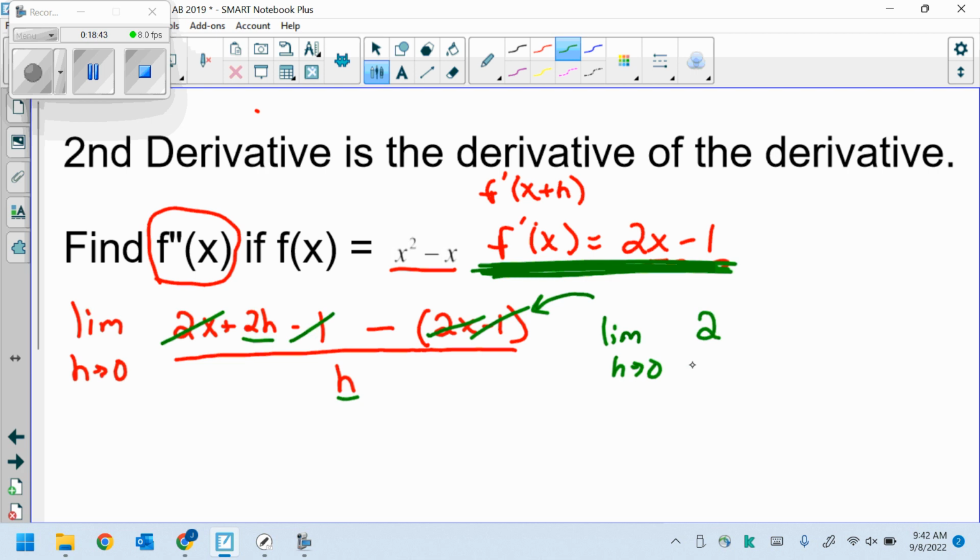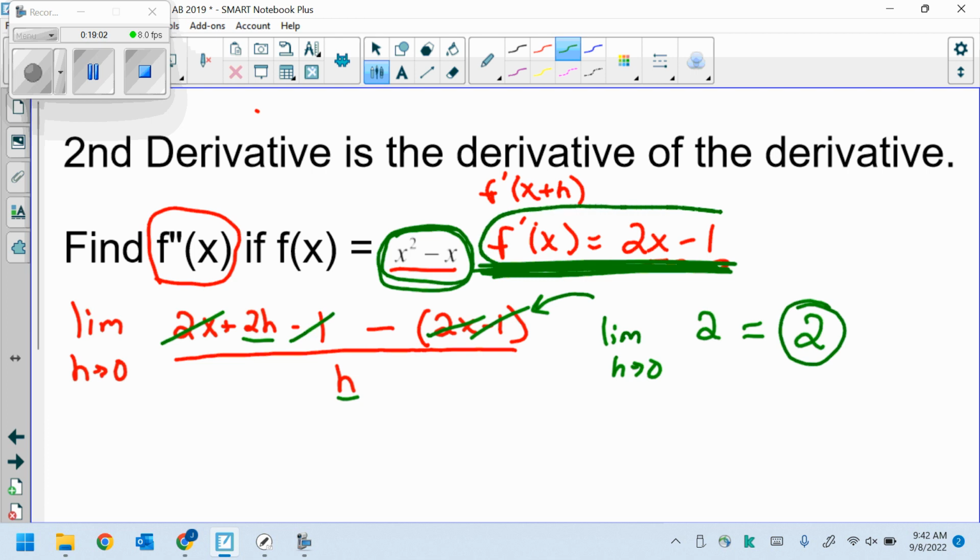Since there isn't anything to put a 0 in for, this limit just has a value of 2. The second derivative of this function is 2 everywhere. The slope of the derivative is 2 everywhere. Well, that's not a surprise. What's the slope of this line? 2.